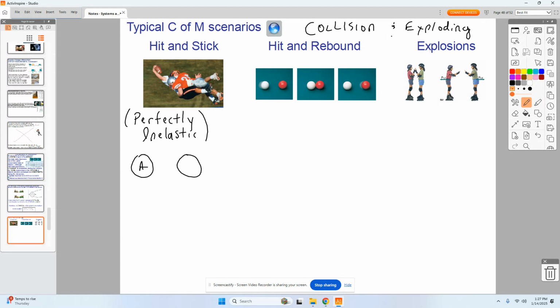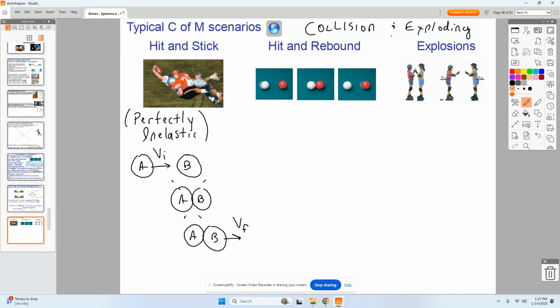So we might have A coming in, colliding with object B. During that collision, we have a transfer of momentum going on. And then afterwards, they move together with a common velocity. So this might be V initial, and this might be V final. So the objects combine. They move as one object. Very common examples are football players tackling each other where they have a combined speed afterwards.